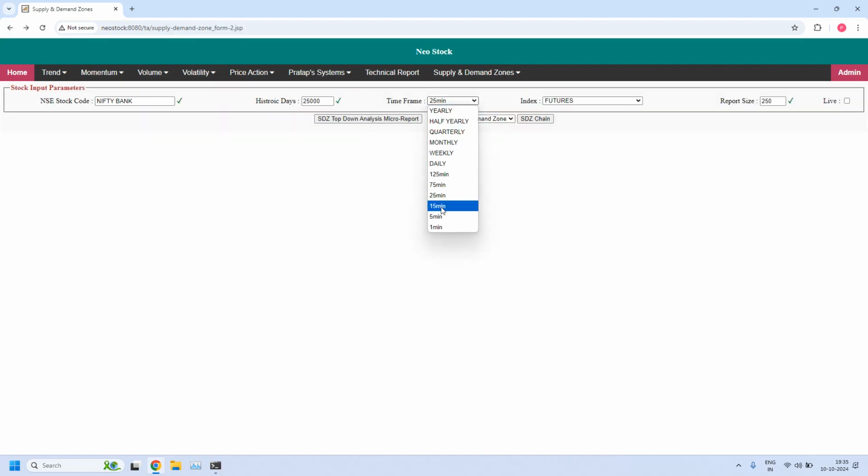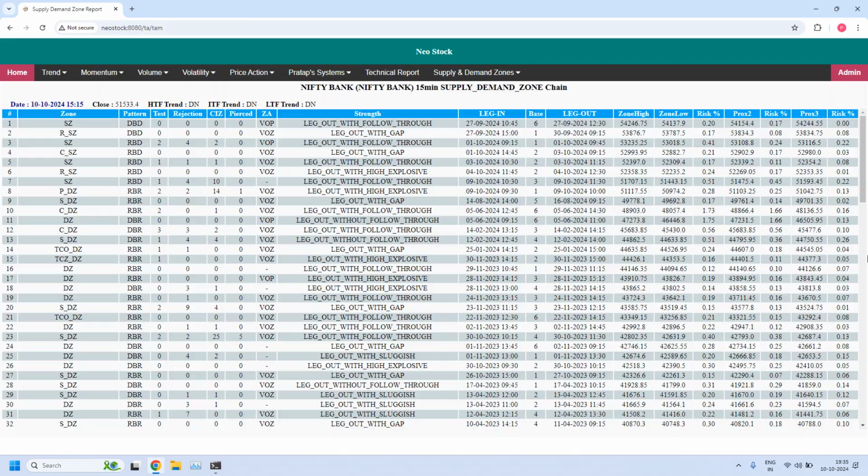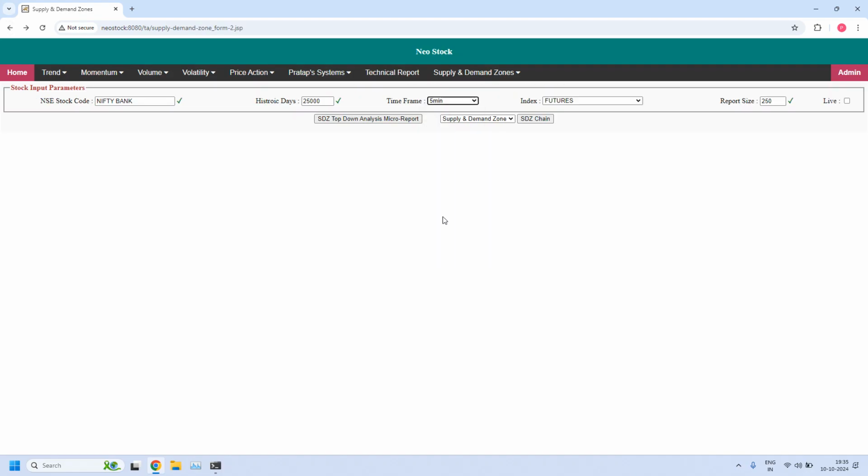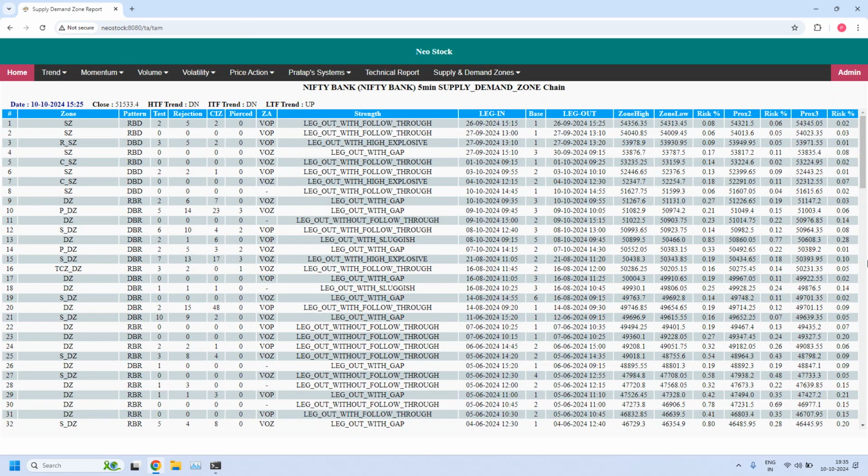Next time frame is 15 minutes, generating 15 minute chain for Bank Nifty. Next time frame is 5 minutes, generating 5 minute chain for Bank Nifty. So this is about Bank Nifty supply demand zone chain.